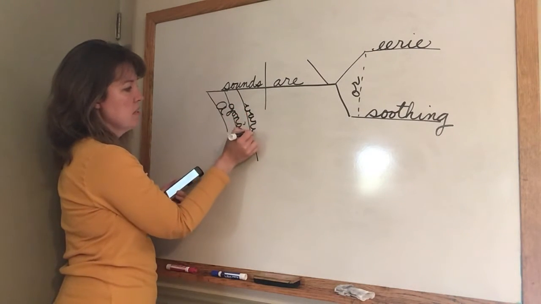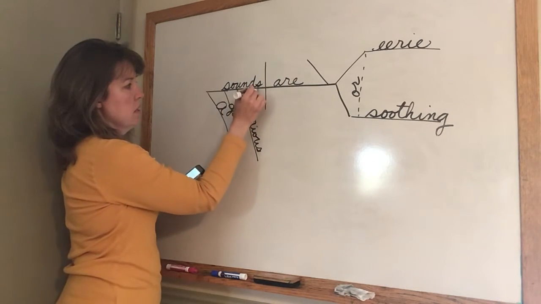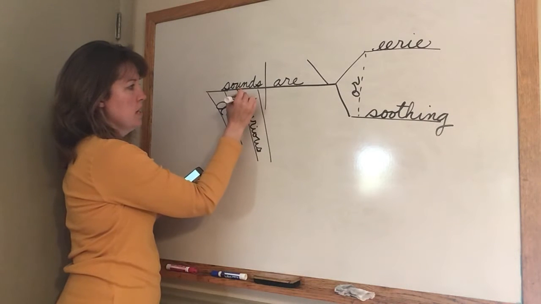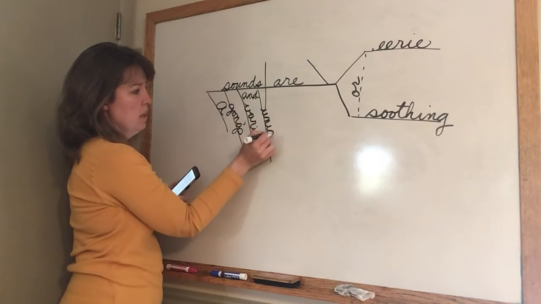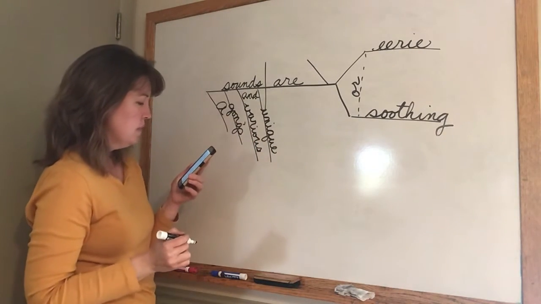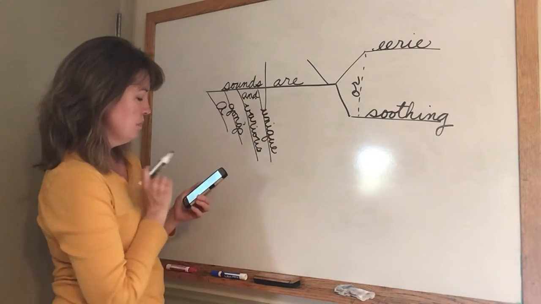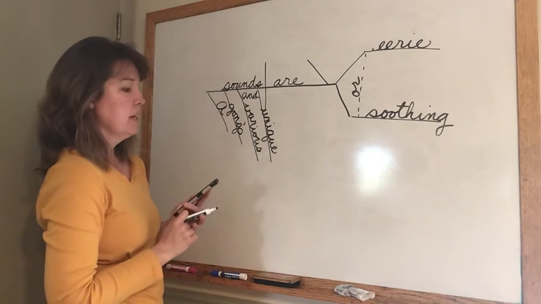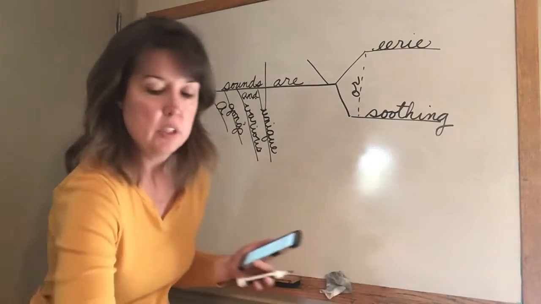Various, unique. Okay? So all those are describing sounds. All right, I'm going to keep moving on. If you need to copy that some more, you can pause your video.